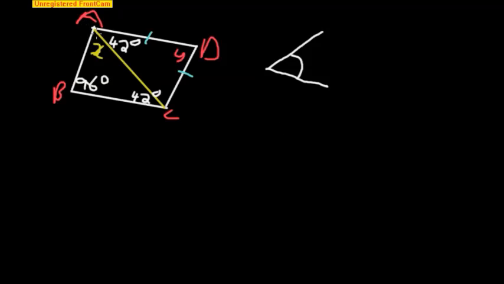So we have here a quadrilateral ABCD, because there are 1, 2, 3, 4 vertices and 1, 2, 3, 4 straight lines.